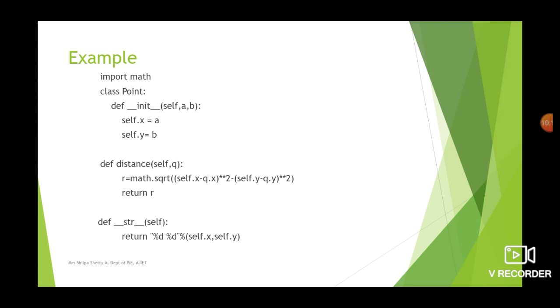For example, if I write print p1, then I want the x and y value of p1 to get printed. So either I have to write the print function as print p1.x, p1.y. That is one way how you can write the print function.